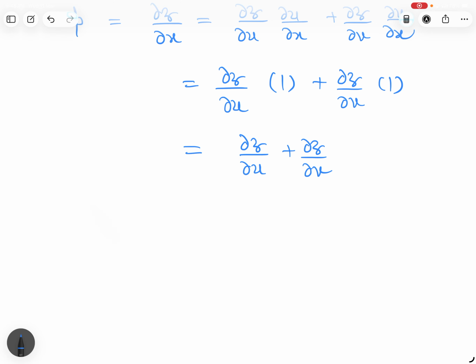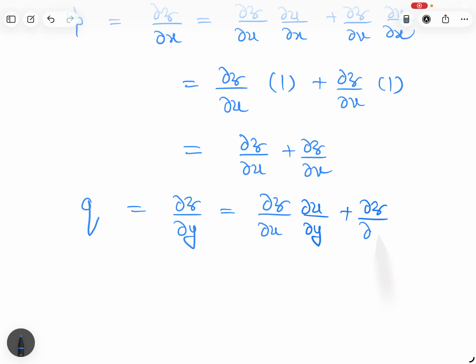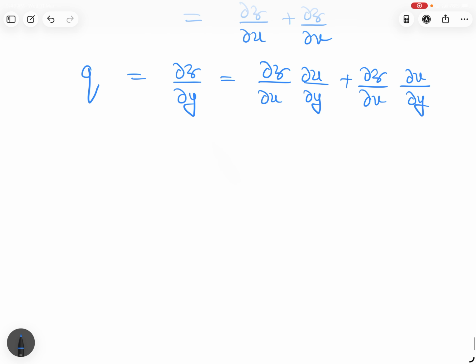Now I am going to calculate q. q is del z upon del y. Again I write the formula for it. What is del u upon del y?